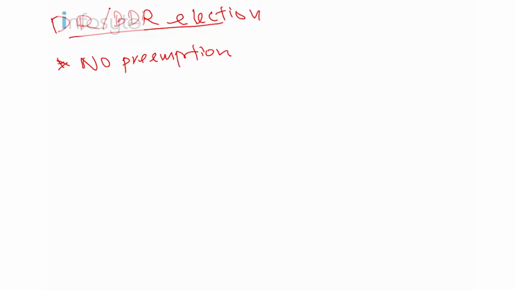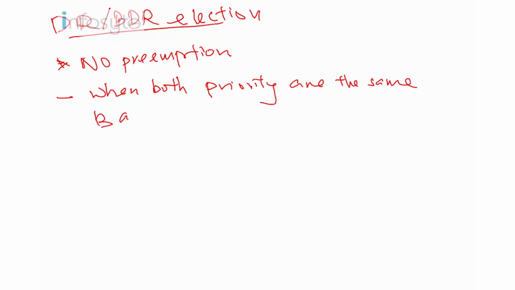And if both priorities are the same, then they will use the highest router ID to do the election.